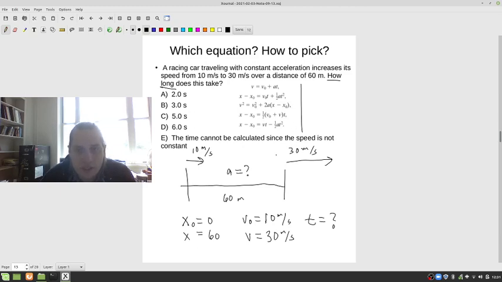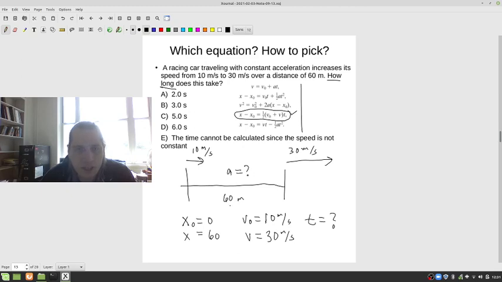So in this case, we don't have a. Let's look for one of these equations that doesn't have a in it. That has a. This doesn't have a. That has a. Okay? So I would use this equation and solve for t.